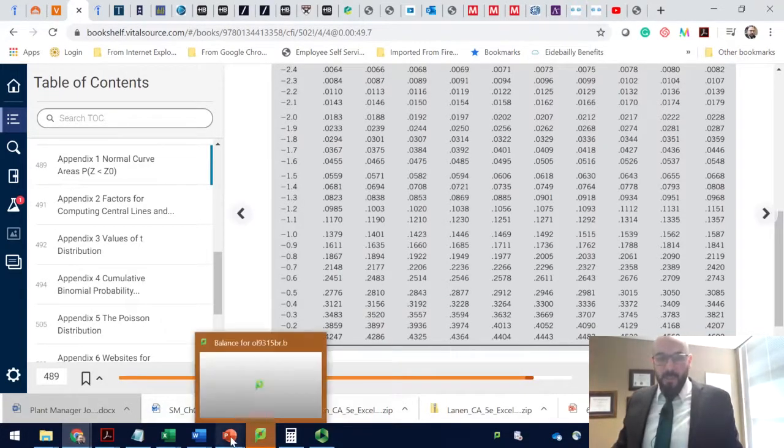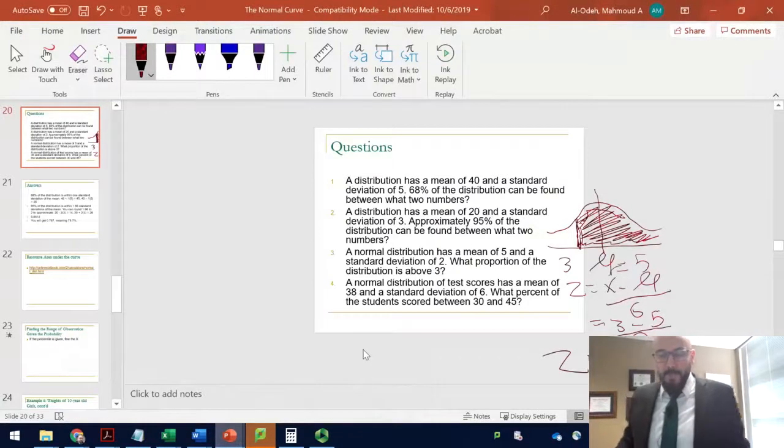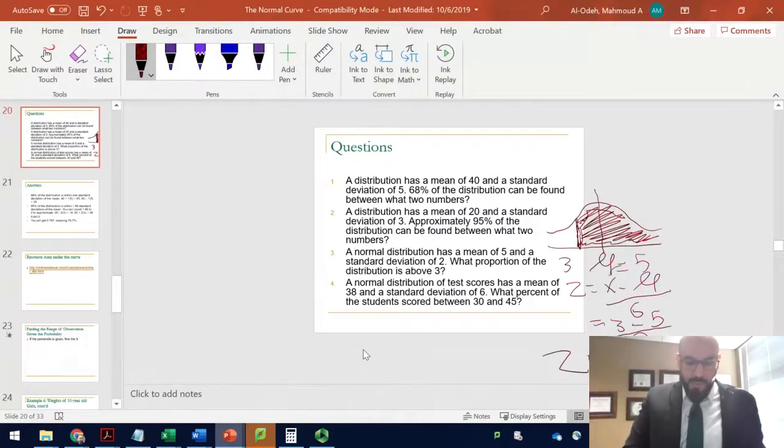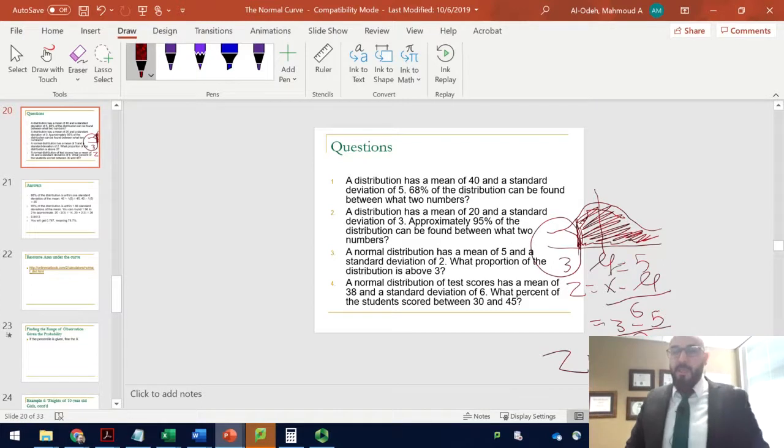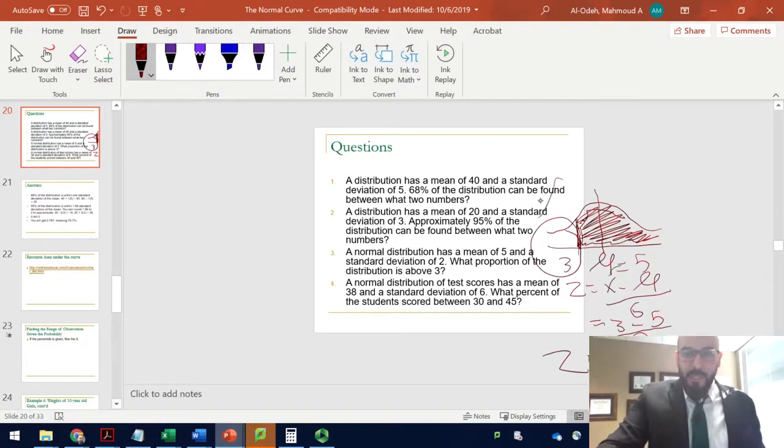Now let's go back to the question. What is this value? This value basically will tell you the area under the score 3. Therefore, we don't need this. We only need this one.